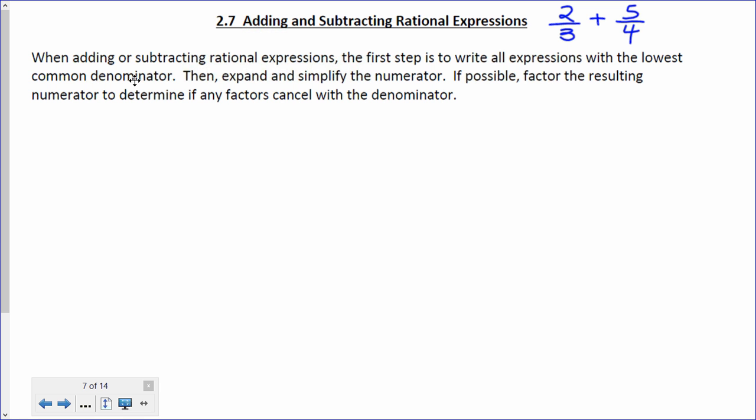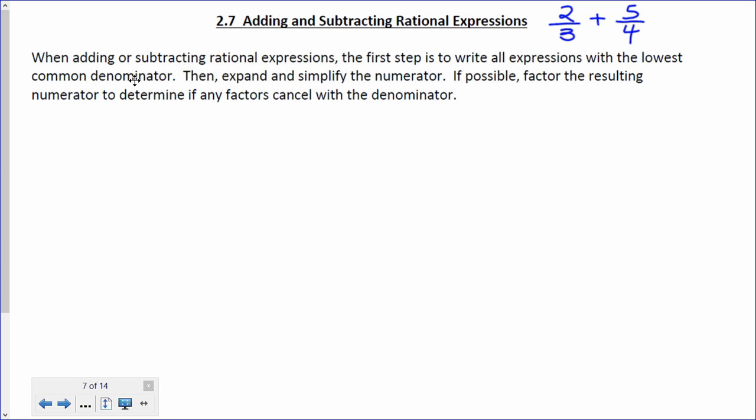So when adding or subtracting rational expressions, the first step is to write all expressions with the lowest common denominator, then expand and simplify the numerator. If possible, factor the resulting numerator to determine if any factors cancel with the denominator. And I would even say, before you even write with a common denominator, still try to factor.